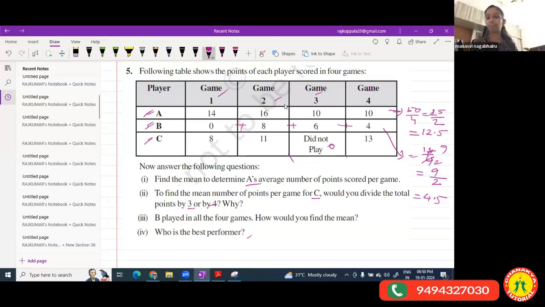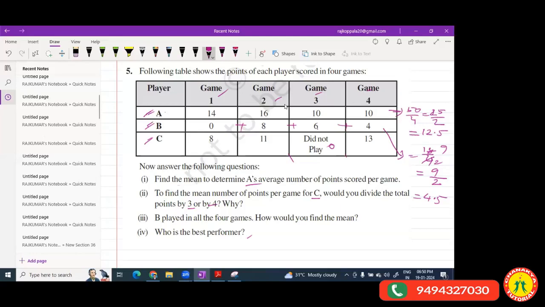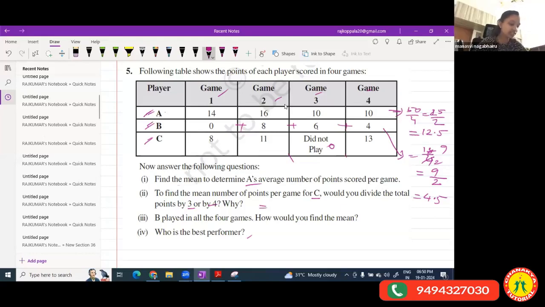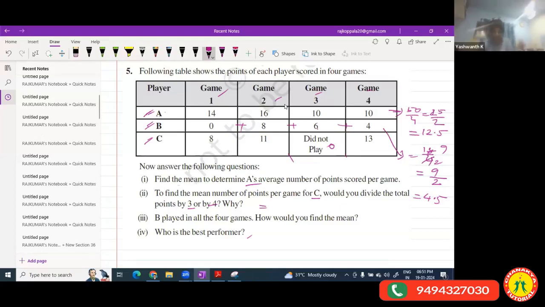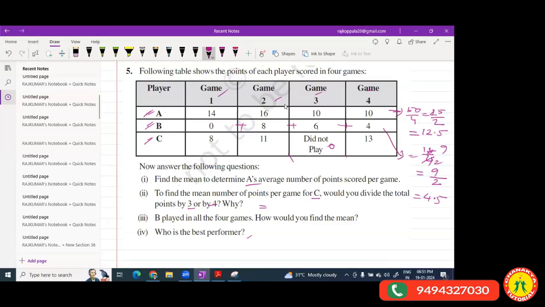Okay, C answer. Sir, C answer is 8. Wait, ma. Yashwant. So the answer is 8 only. Sum of observations, how much did you get?